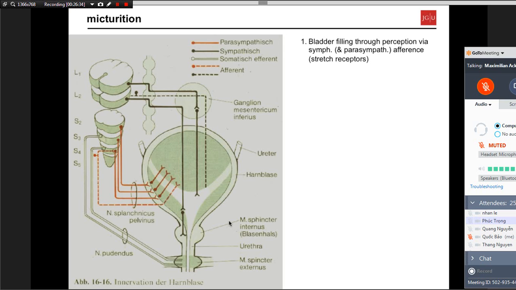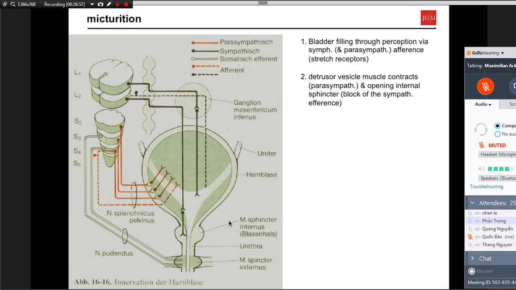So first you have the filling of the bladder, perceived via sympathetic and parasympathetic afferents. These are so-called stretch receptors. Then you have the detrusor vesicae muscle, which contracts voluntarily. If you want to go to the toilet, you do a voluntary contraction of the detrusor. It's parasympathetic.